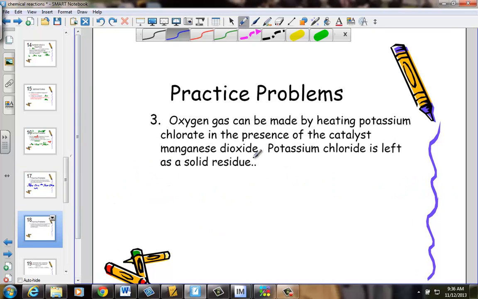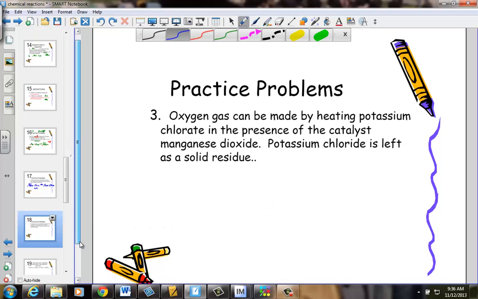Let's try one more practice. Read it through all the way. Oxygen gas can be made by heating potassium chlorate in the presence of the catalyst manganese dioxide. Potassium chloride is left as a solid residue.